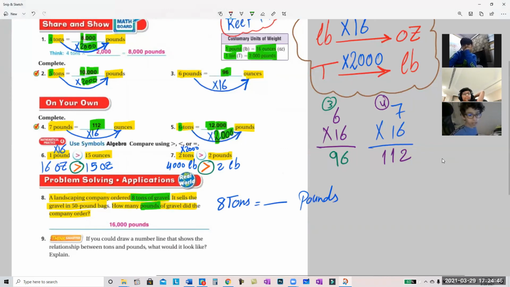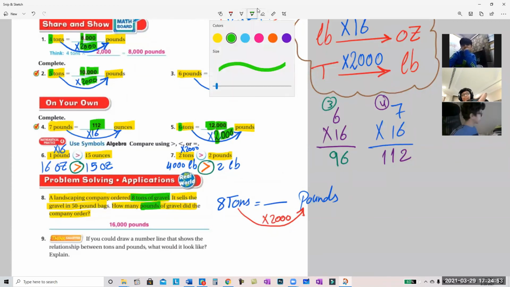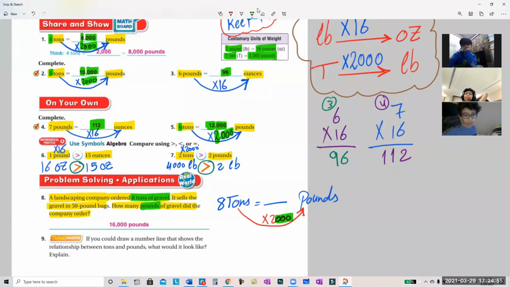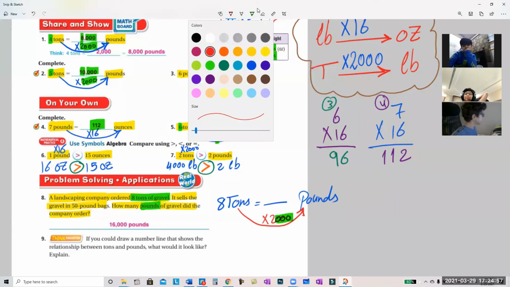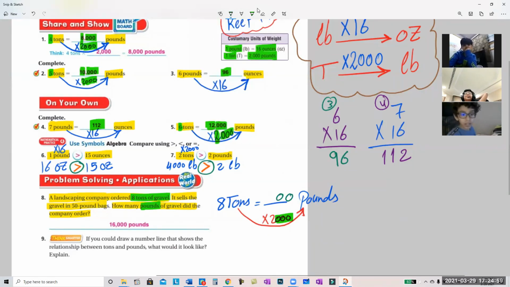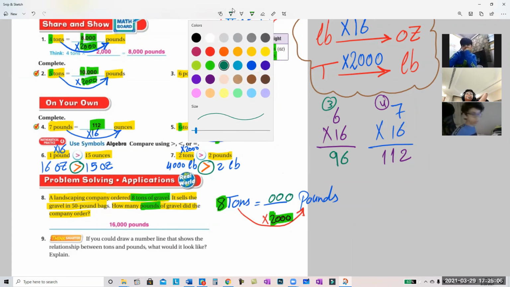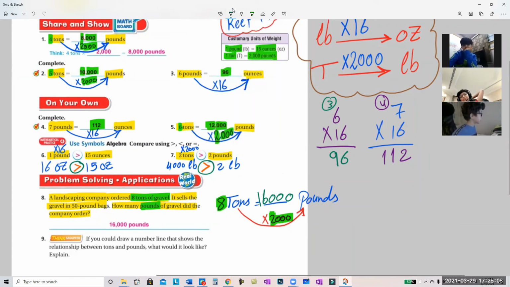So how can we convert it from tons to pounds? We're going to multiply it by 2,000. So firstly, put the zeros, and then we have 8 multiplied by 2 equals 16. So our answer here is 16,000 pounds. Okay, great. Thank you so much, detective.